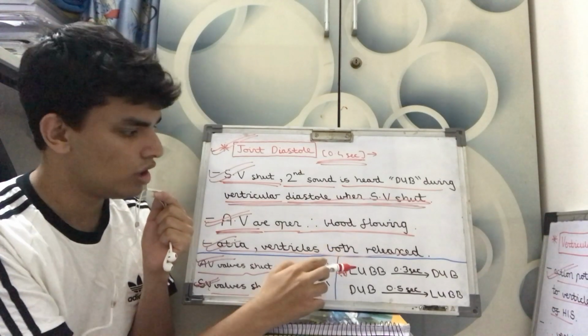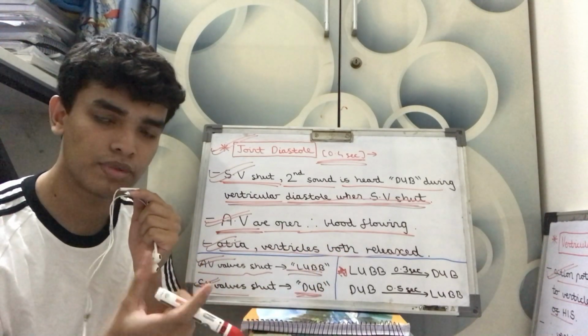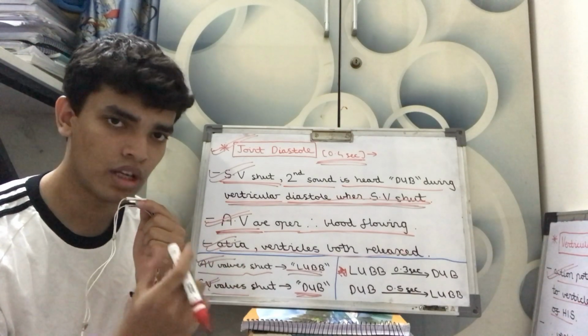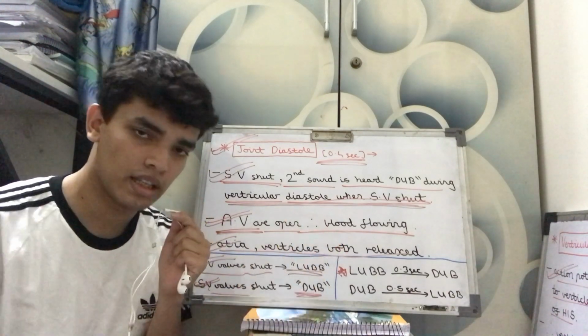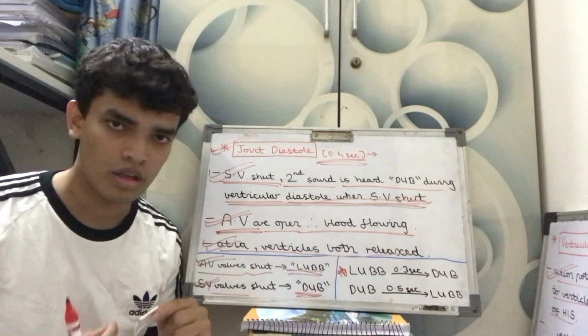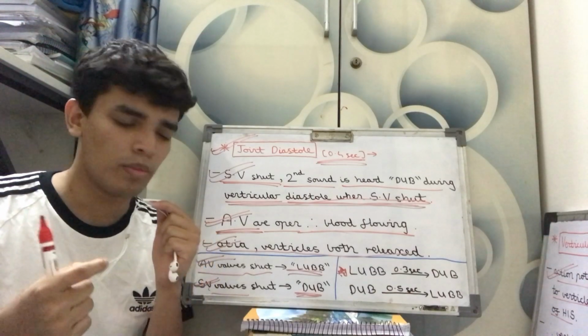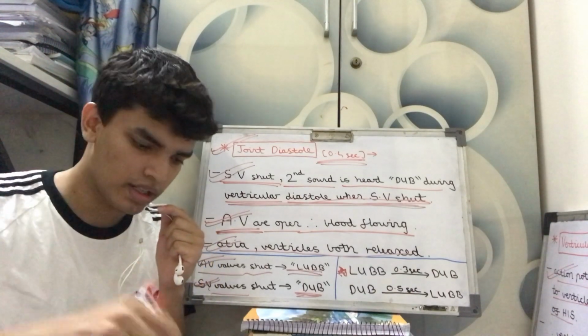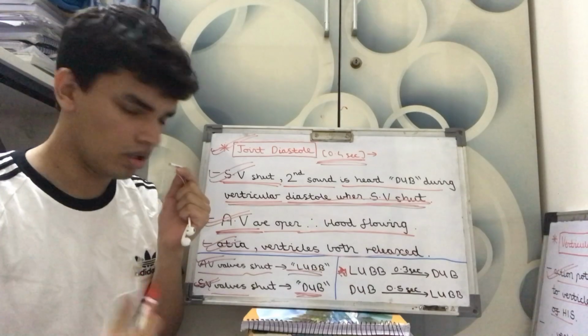Please learn this. When is the lub sound heard? When the atrioventricular valves close. And if you have a stethoscope, you put it in your ear and on your chest.